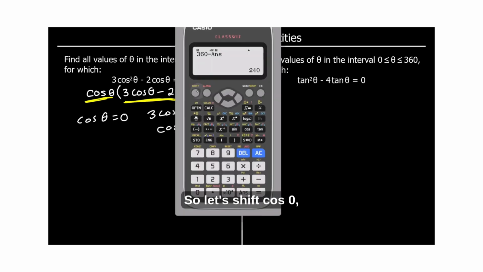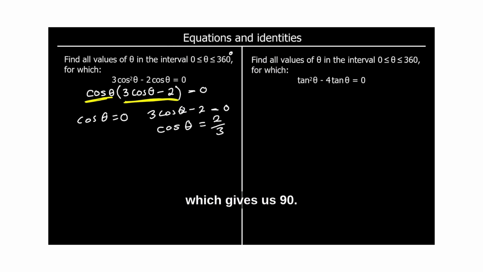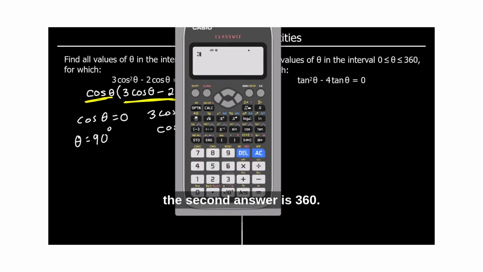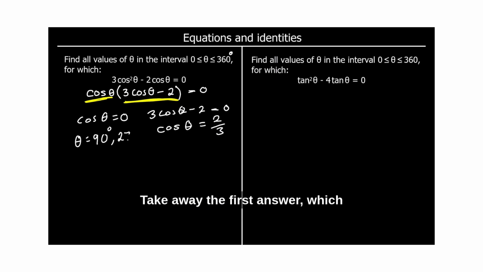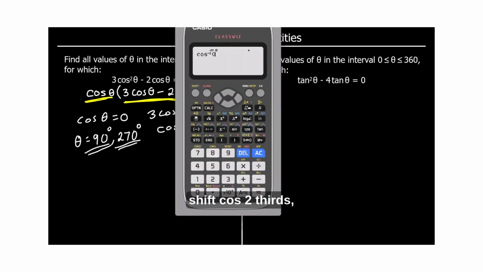So let's shift cos 0, which gives us 90. And for cos, the second answer is 360 take away the first answer, which is 270 degrees. For 2/3, shift cos 2/3, 48.2.